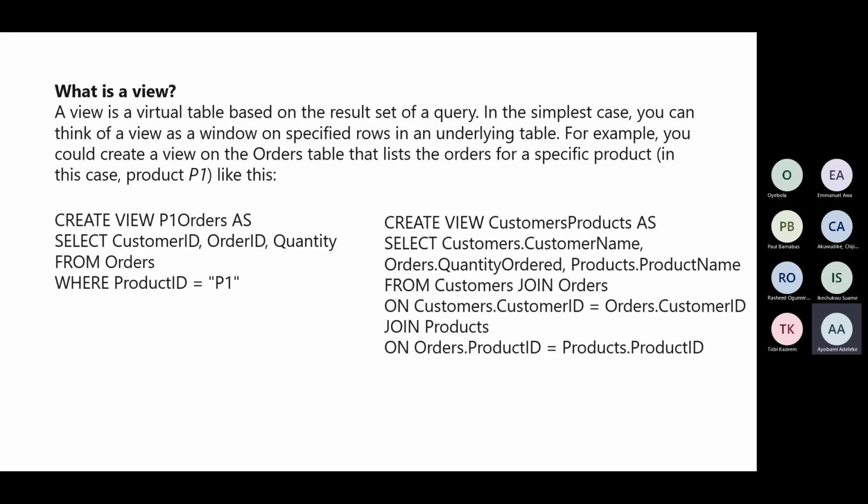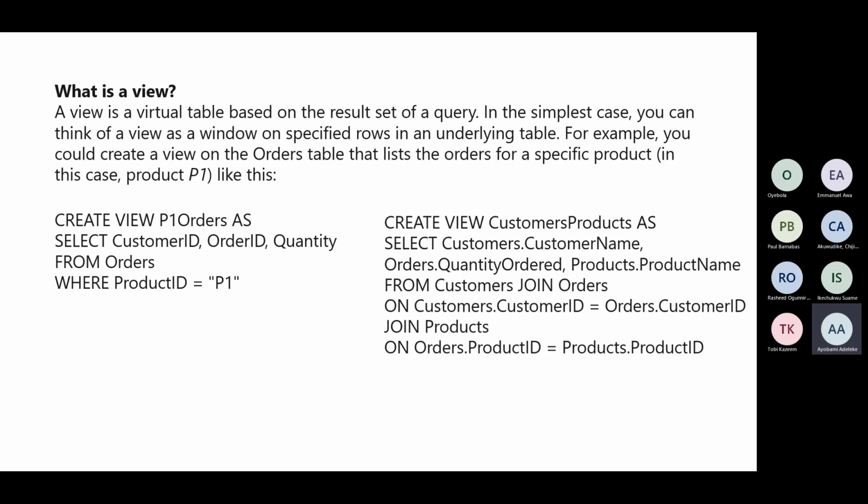In this use case, we are looking at product P1. So we are creating a view called P1 orders. P1 orders here is the view name. We are saying create view P1 orders as, then we provide the result set query that we actually want to see. So we are selecting the customer ID, the order ID, and the quantity from the orders table, where our product ID is P1.